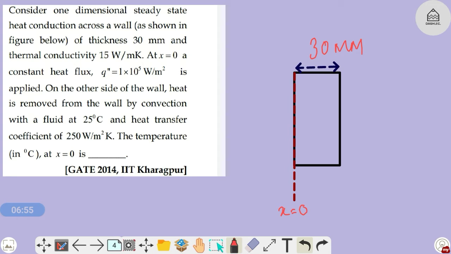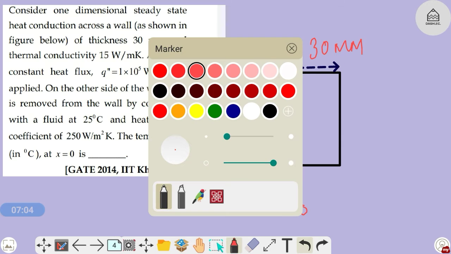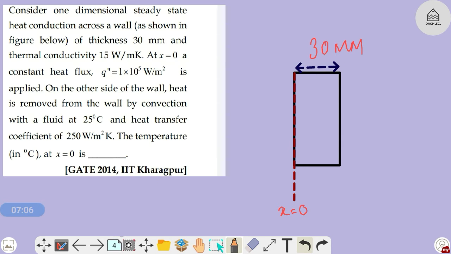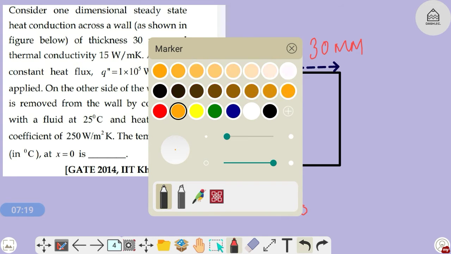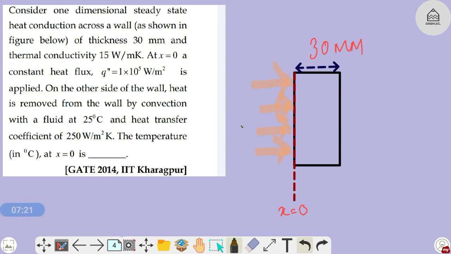Okay, and there is a heat supply at x is equal to 0. So here there is a supply of heat, and we have the q double dash as 1 into 10 to the power 5.